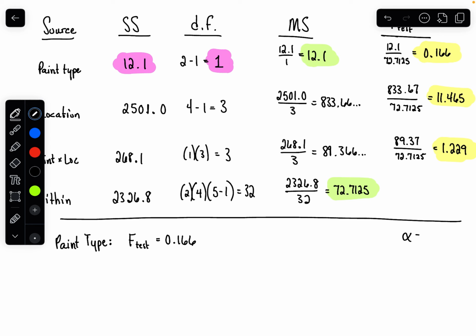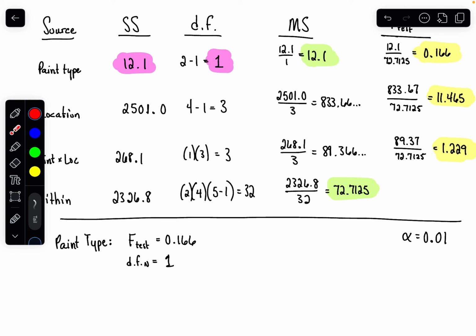That alpha is equal to 0.01, so we have to go to the 0.01 F table. Now, the degrees of freedom of the numerator is 1. That comes from this, because the 12.1 forms the numerator of our test statistic.